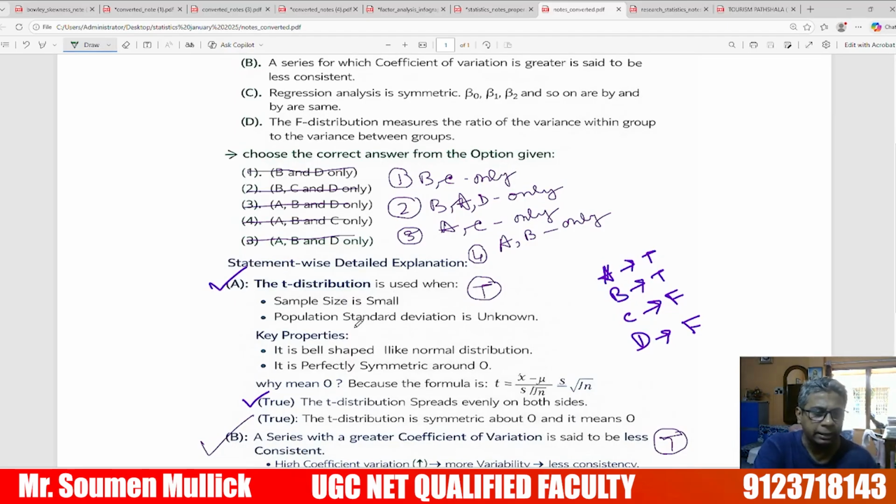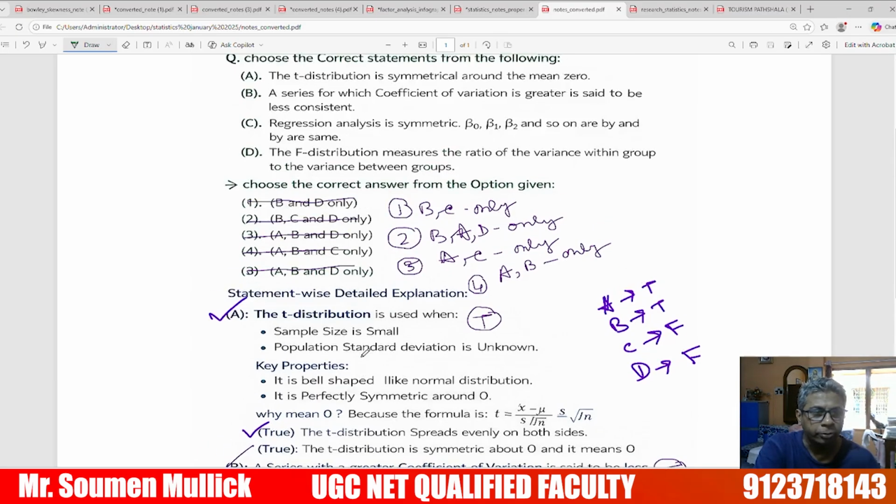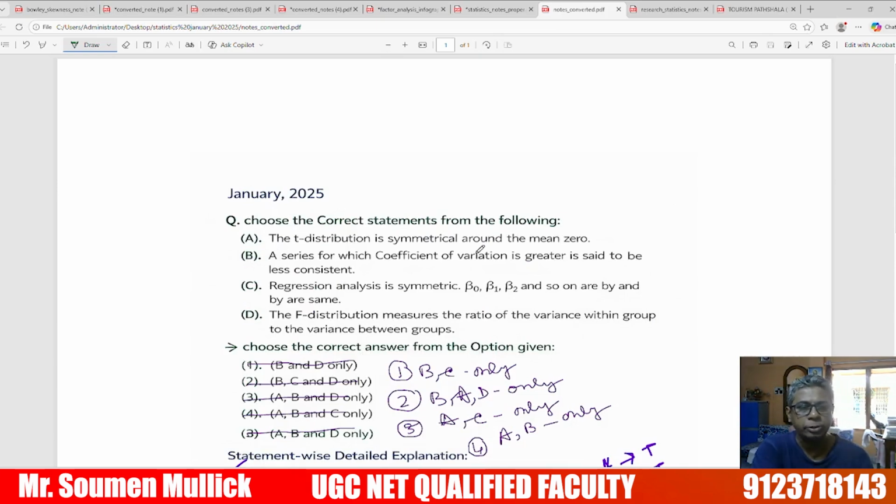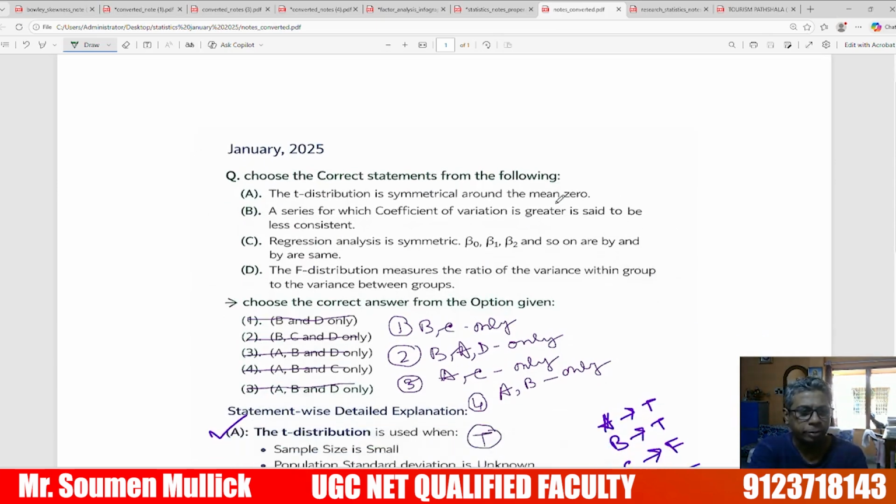The key property is that it is bell-shaped like the normal distribution. It is perfectly symmetric around zero. So this statement, the T distribution is symmetrical around the mean 0, is the correct option.